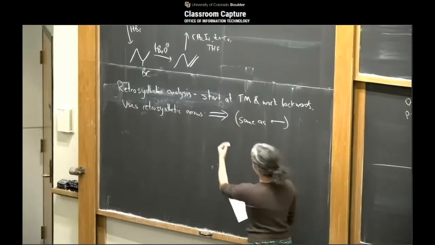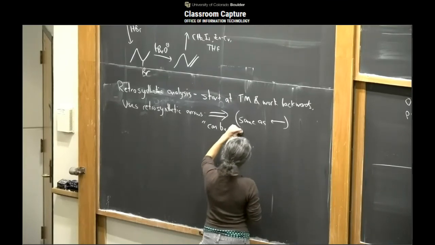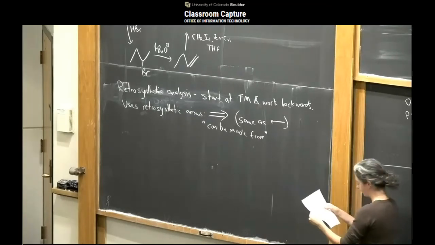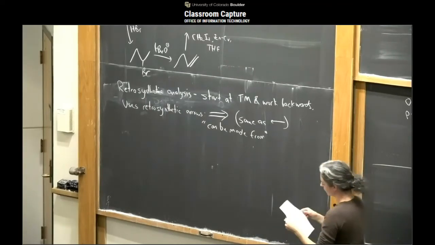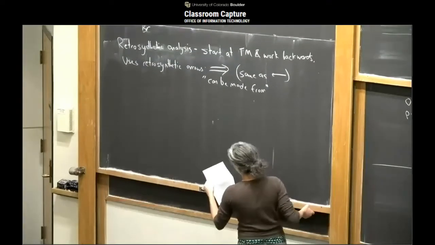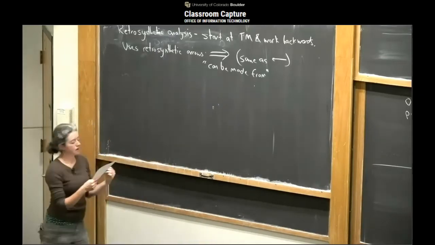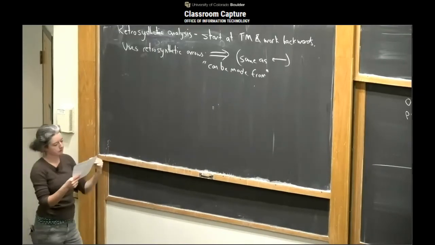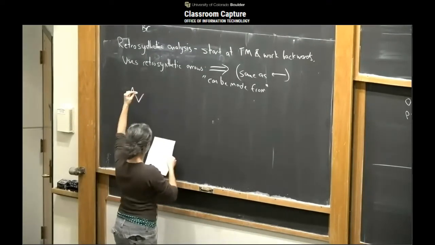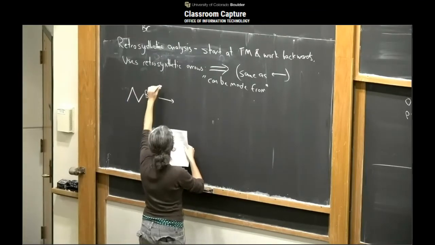So in other words, this means can be made from, or is synthesized from, is how I have it in the notes. Okay, so in other words, say the second example that I have over there. Bromine on the last carbon.